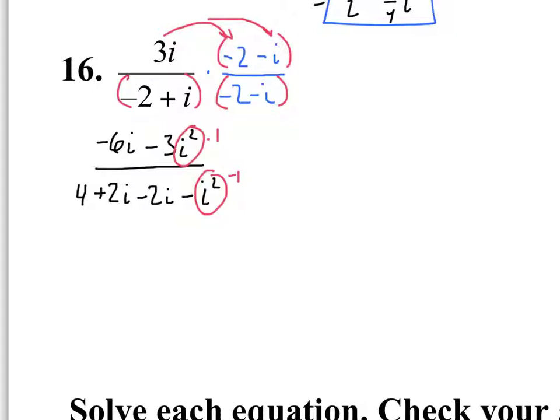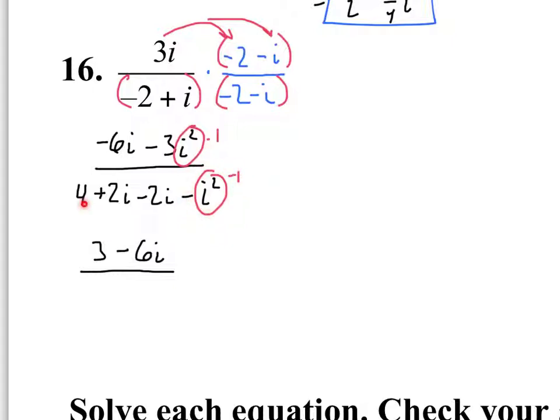Now on the top, we want our real number first, right? So take -3 times -1 to get +3, minus 6i, over. Now on the bottom, we have 4 minus a -1, or what? +1.